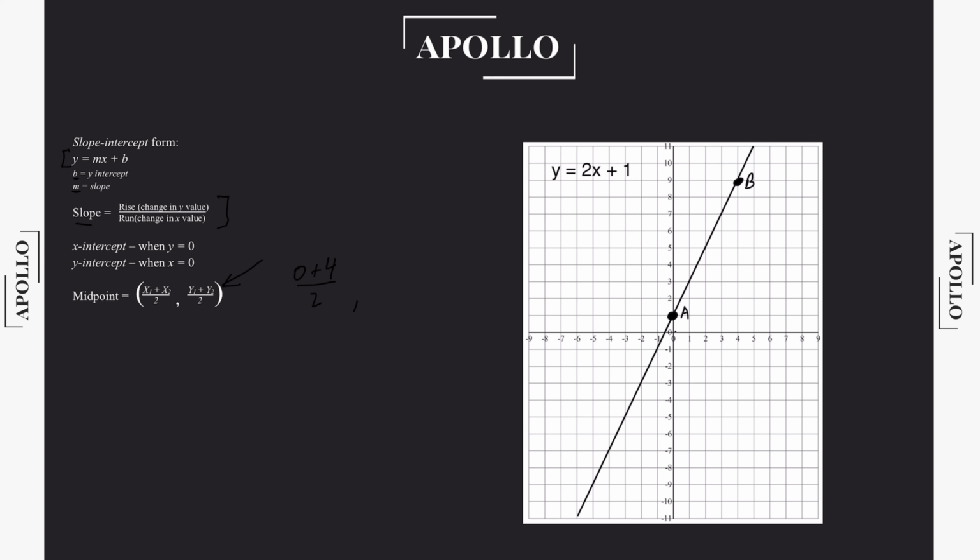Then the y value of A is going to be 1, and the y value of B is going to be 9. So 1 plus 9, divide that by 2. That ends up giving us 4 divided by 2 is 2, 10 divided by 2 is 5. So 2 comma 5 will be our midpoint. So that'll be right here.